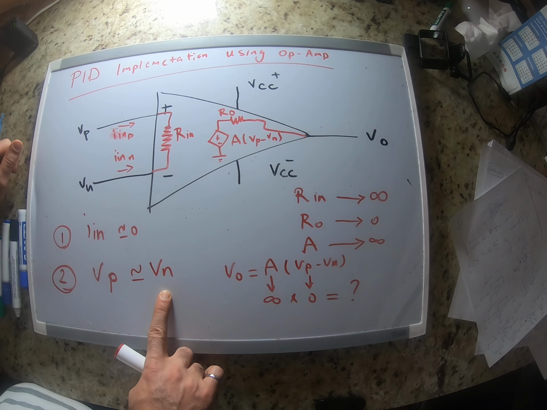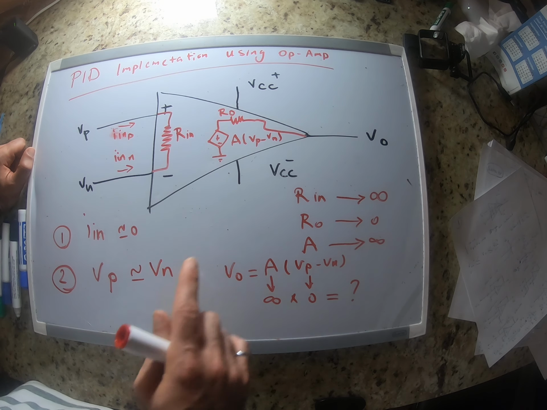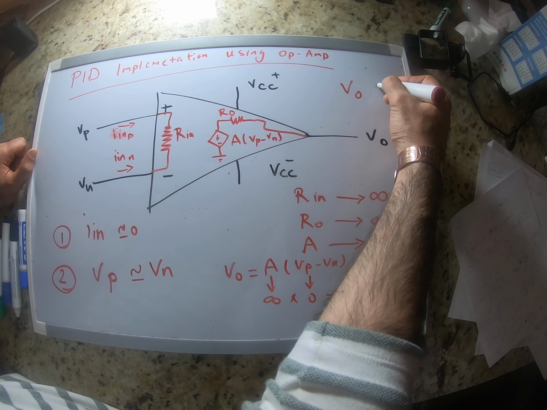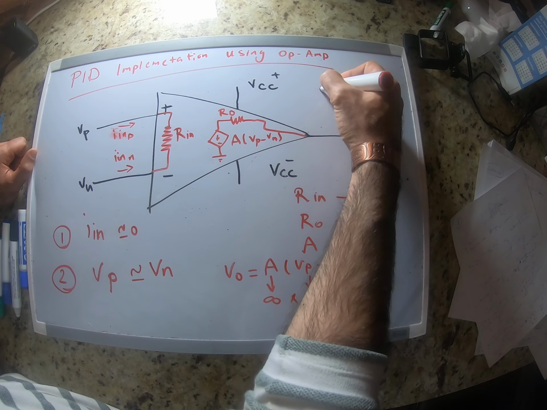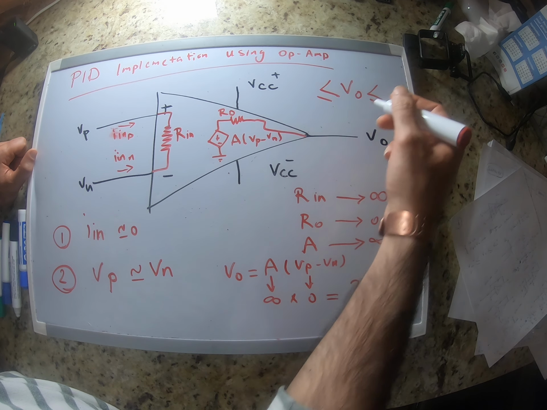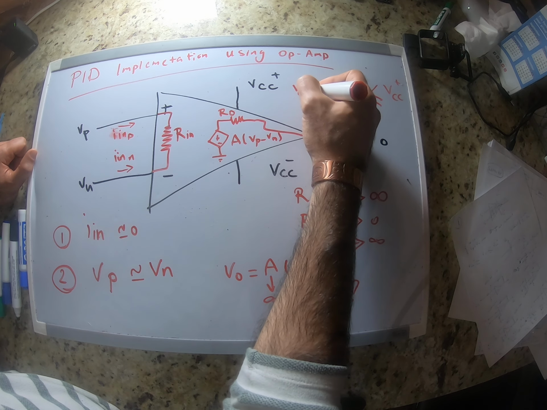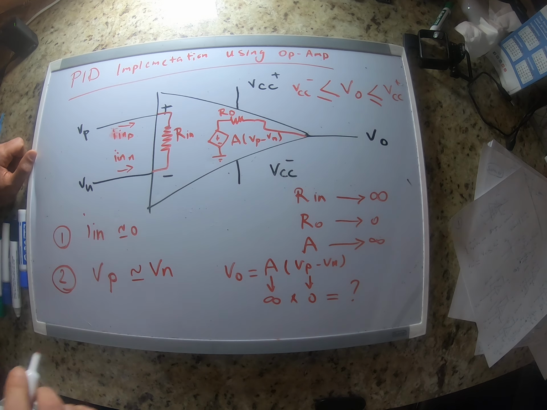What do we mean by saturation? It means that VO, the output voltage, is always kept between the two power supply voltages, VCC plus and VCC minus.